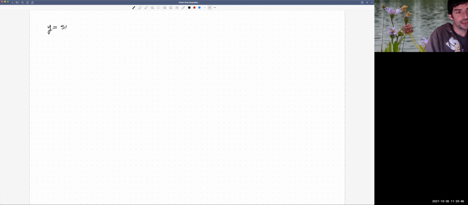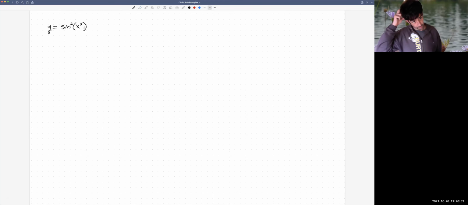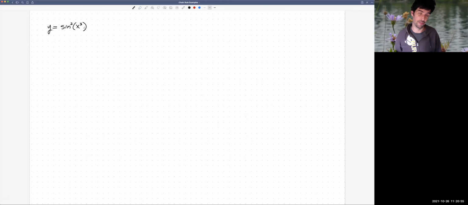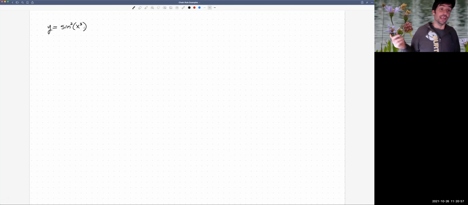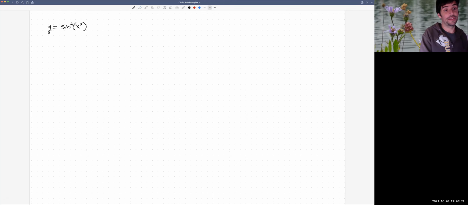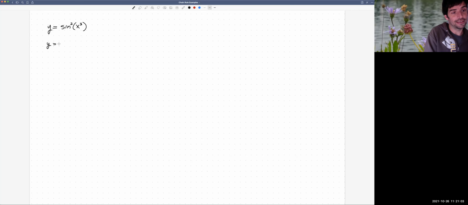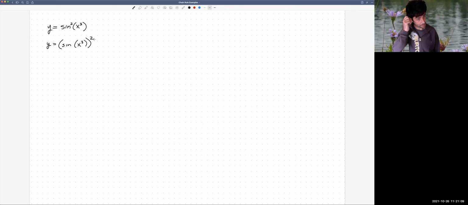So this is going to be sine squared of x cubed. All right, I want to take the derivative of this function. So let's again deal with this exponent here. This thing could be written maybe more clearly as sine of x cubed, the whole thing squared.